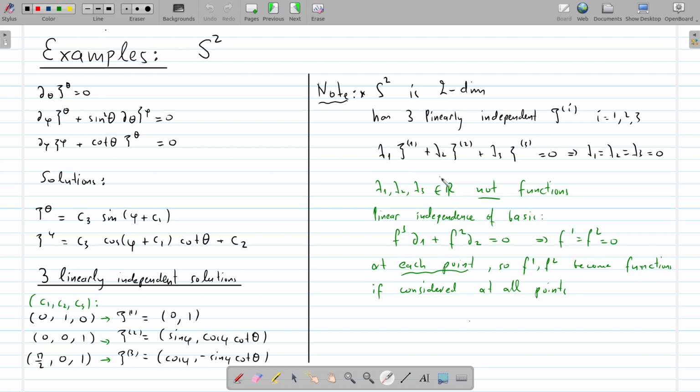The linear independence condition here involves constants, and this equation must be valid at all points of the manifold, whereas the linear independence for a basis is computed at each point, and those real numbers at each tangent space become functions when you consider the whole manifold. So there's nothing crazy about having 3 linearly independent vector fields in a two-dimensional manifold.